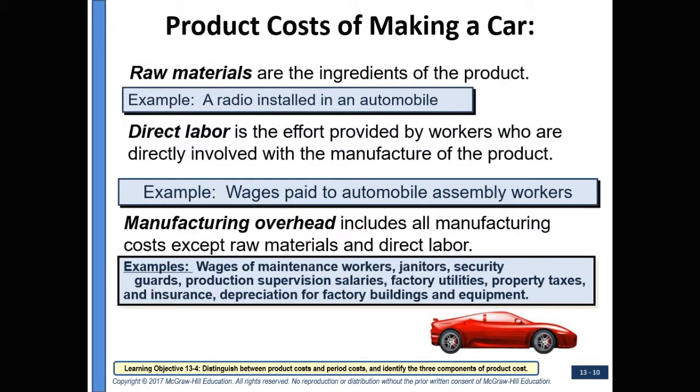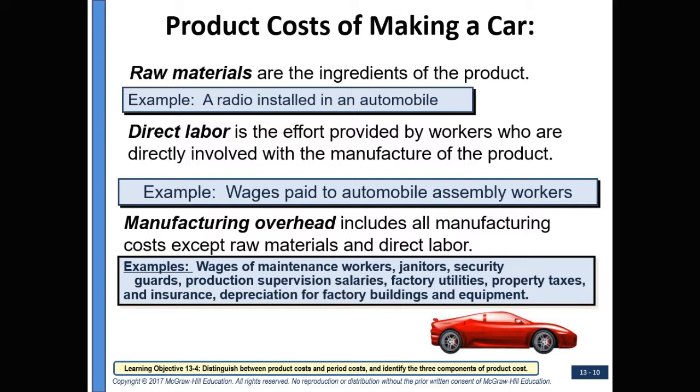So let's look at product costs in relationship to making a car. Raw materials are the basic ingredients of the product. So, for example, a radio that is installed in an automobile. Direct labor is the effort provided by workers who are directly involved with the manufacture of the product. So, for example, this could be the wages paid to actual automobile assembly workers.